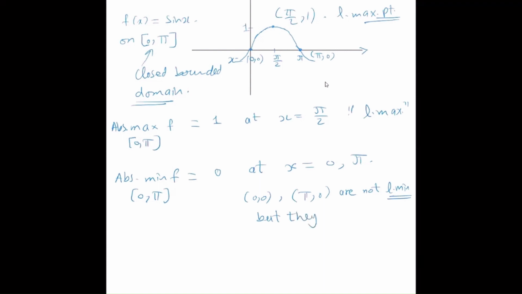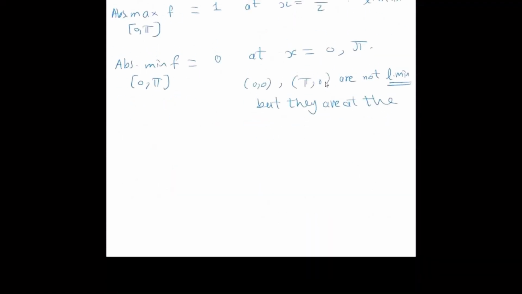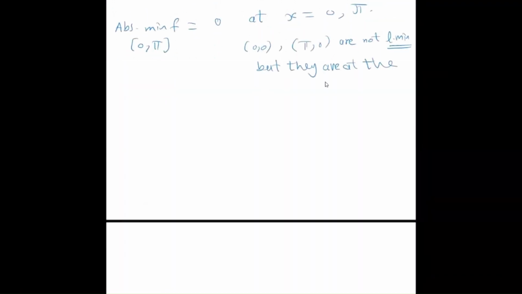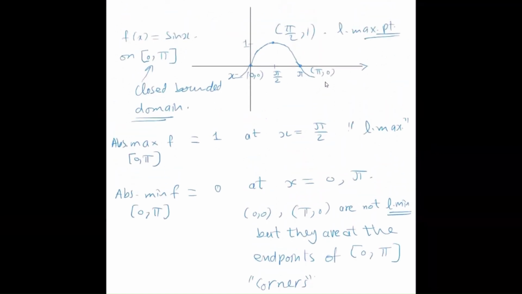They are at the endpoints or the corners of the domain. Endpoints of the [0, pi]. Corners, guys. Corners should be studied because the max or min may occur at the corners of the closed bounded domain or the endpoints of the interval.